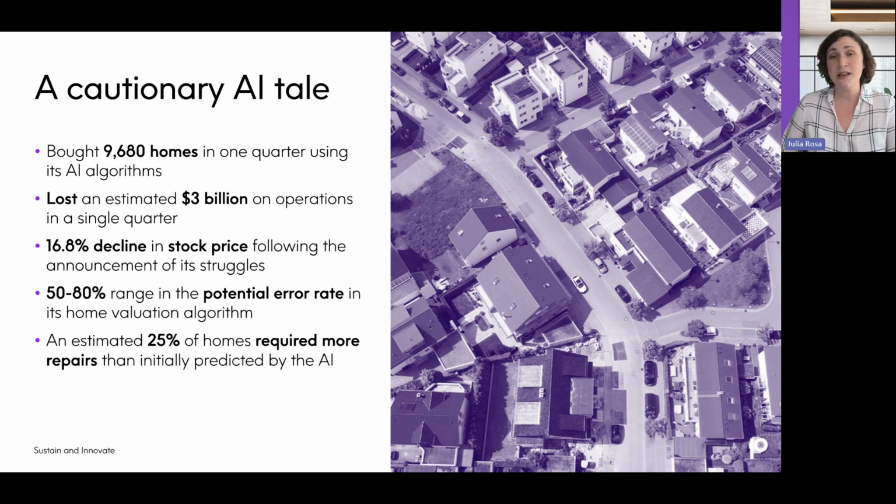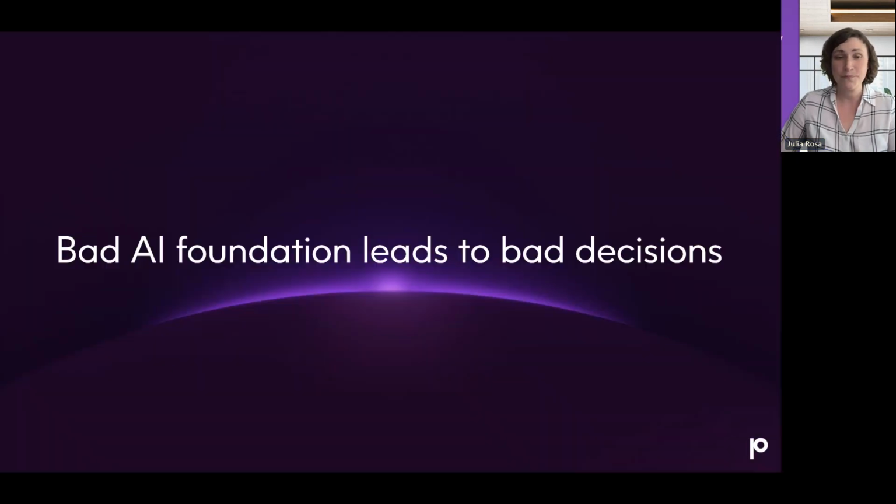So when you're looking at making decisions using artificial intelligence and machine learning, you really want to make sure that you're doing that with the best educated models that are using the most accurate, most up-to-date data, and also data that is standardized and makes sense across these computer models. A bad AI foundation really just leads to bad decision making.